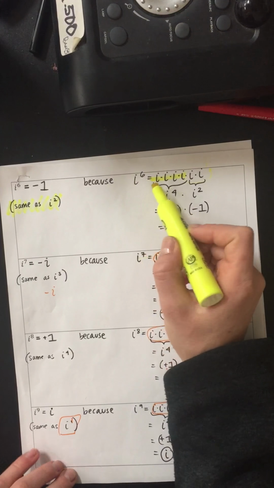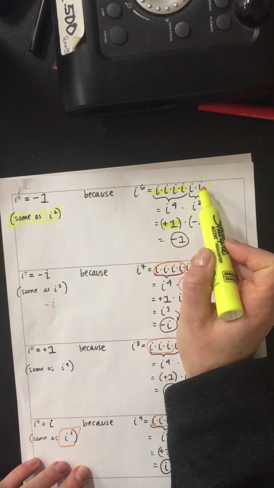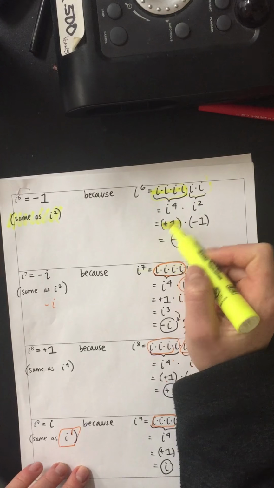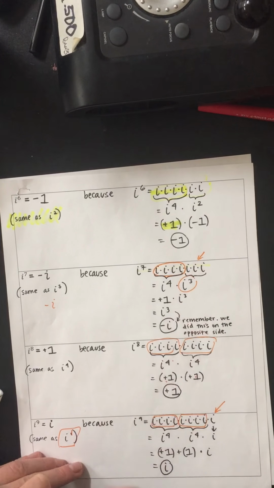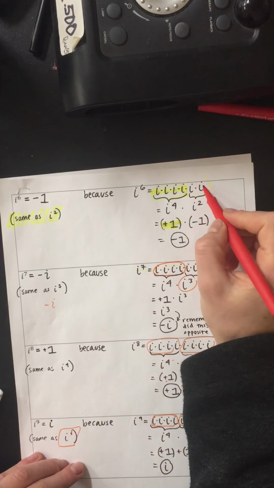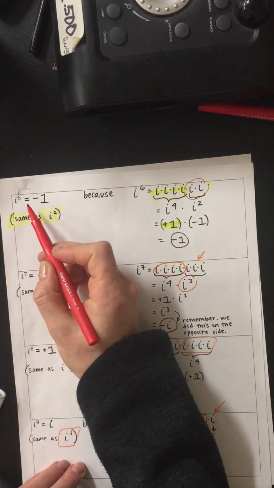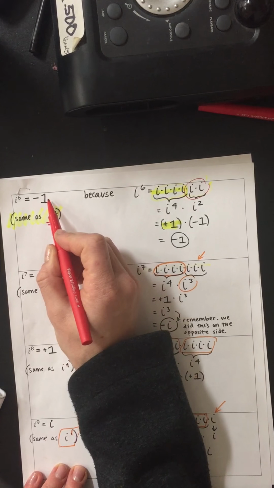When I write that out in expanded form, I have 1, 2, 3, 4, 5, 6 i's. I group the first four of them together and basically ignore that because i to the fourth is equal to 1. And I'm just looking at how many I'm left over with. In this case, it's 2. So really, i to the sixth is the same as i squared, which I happen to know is -1.